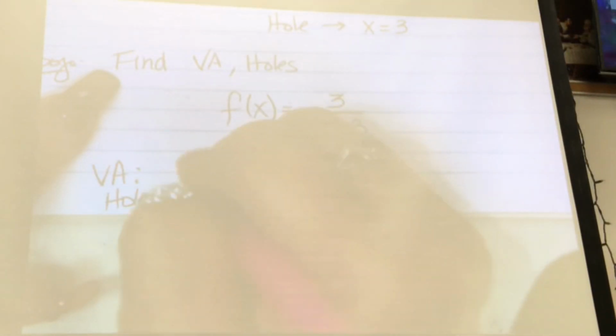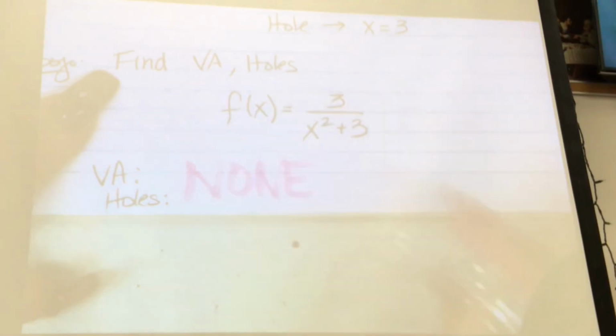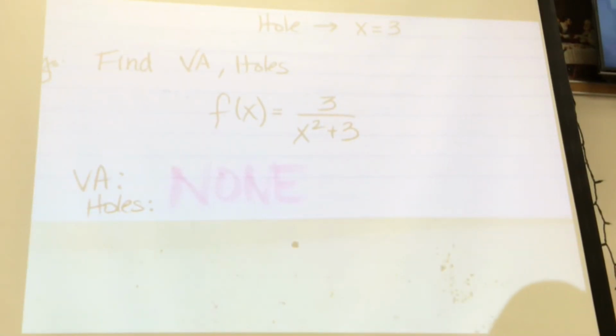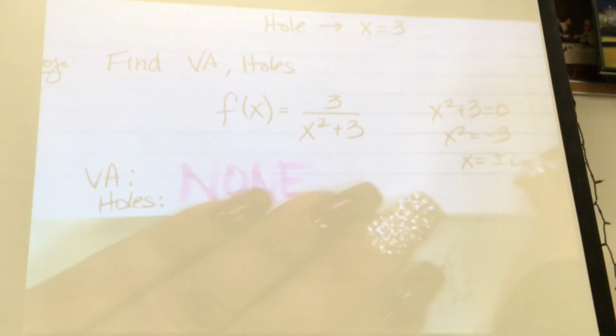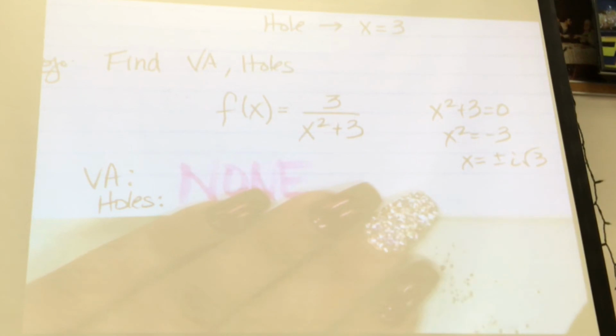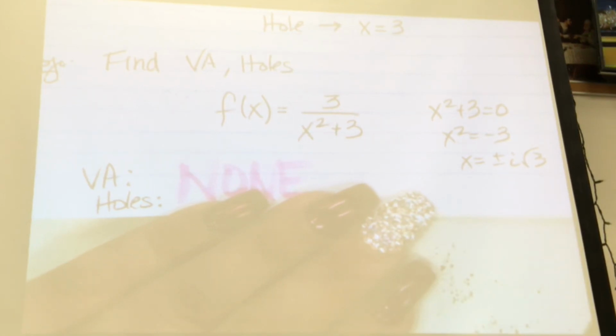The answer to both of these is none. You set the denominator equal to 0. Don't you get x squared plus 3 equals 0, so you get x squared equals negative 3, so x equals plus or minus i radical 3. That's not even real.